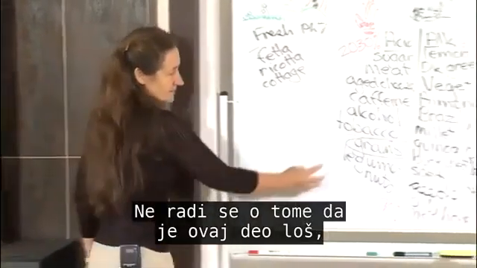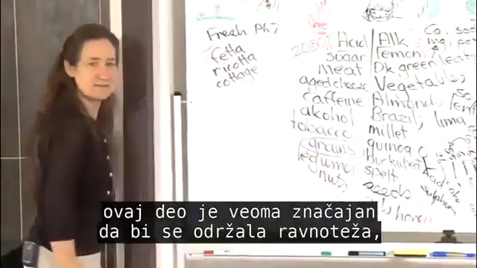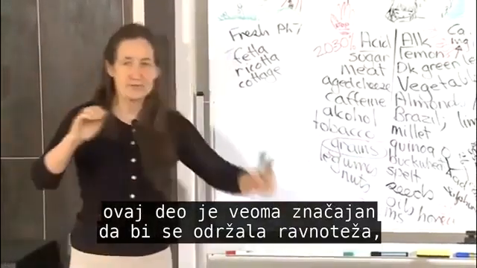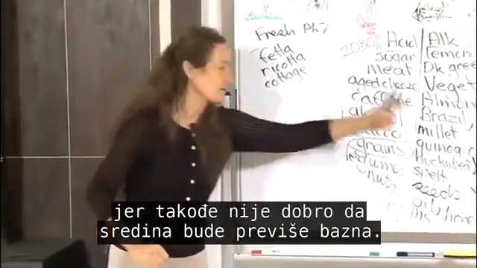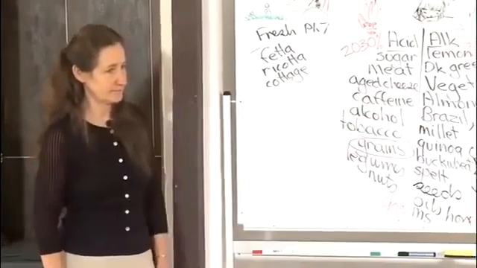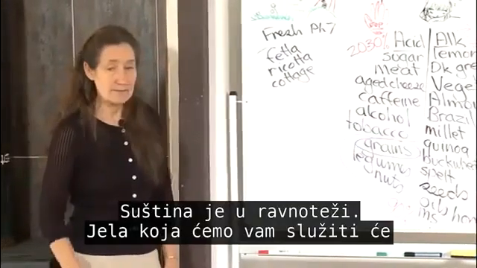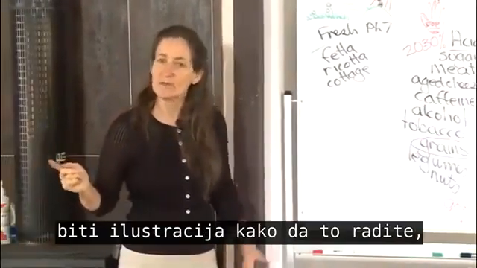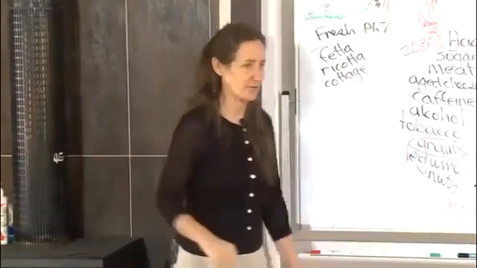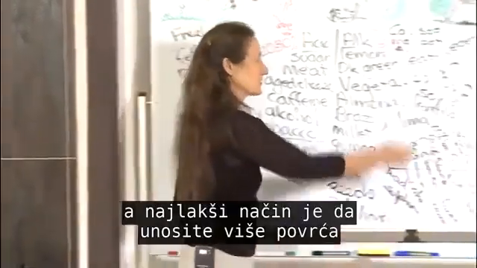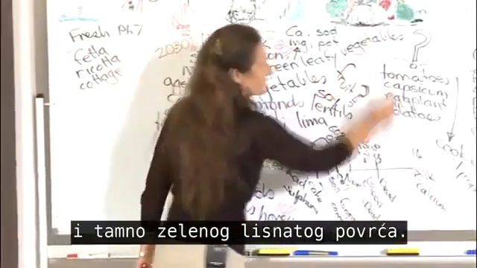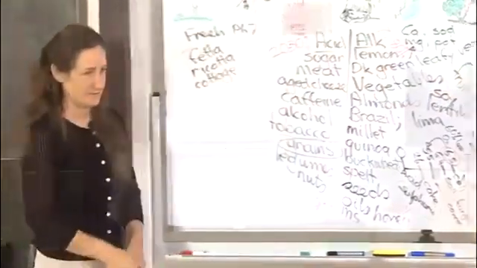You see, it's not that this section is bad. This section is very important to keep the balance, because you don't want to go too alkaline either. It's all a matter of balance. The meals that we will be serving you will be an illustration of how you can do it. And the easiest way is just to increase your vegetables and your dark green vegetables.